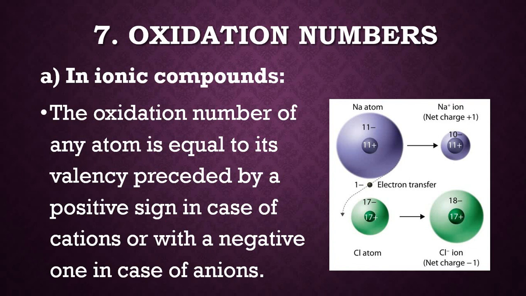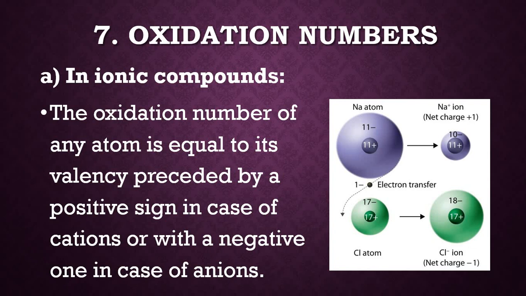And the same thing applies to the chlorine atom, as it has 17 protons and 17 electrons. The chlorine atom gains an extra electron in its outermost energy level, forming a negative ion.